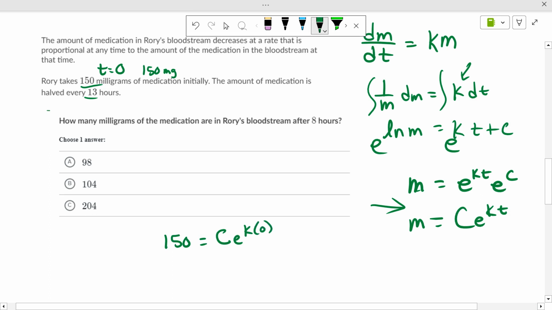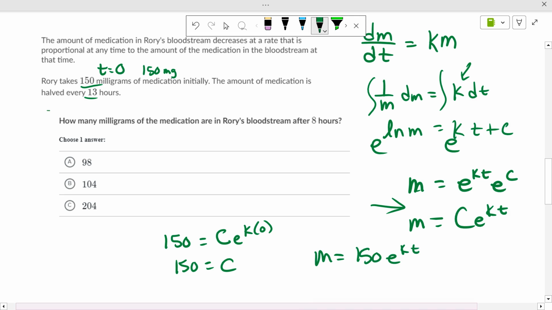Well, what's k times 0? What's e to the 0? 1. So 150 equals C times 1. So C is 150. So C, you're going to understand after a little bit, is going to be your initial. Okay, C is going to be your initial. So M is going to equal 150 e to the kt.